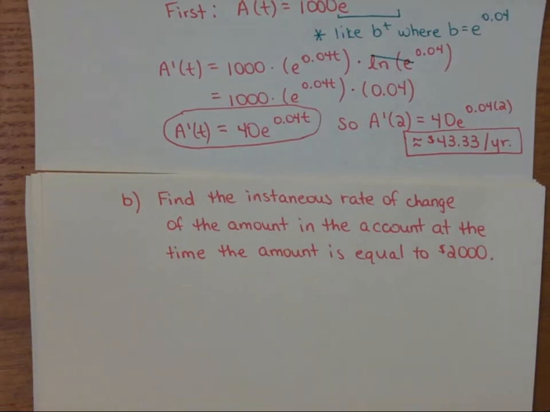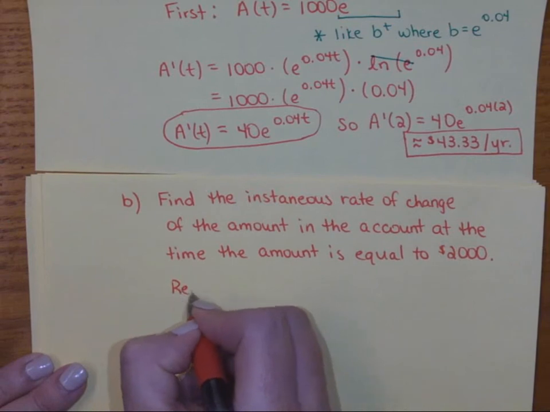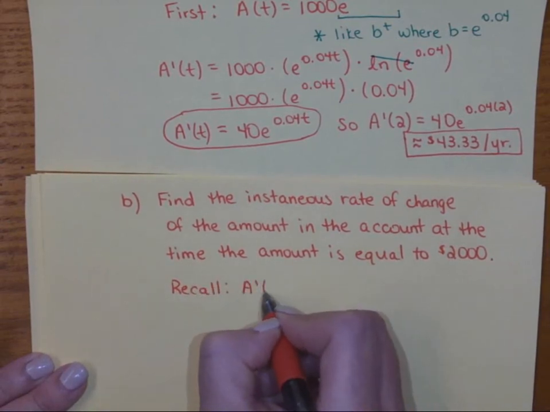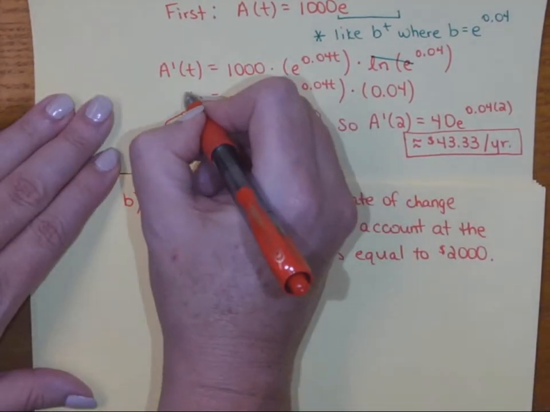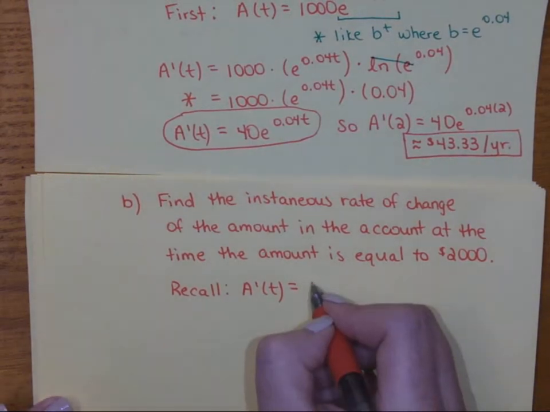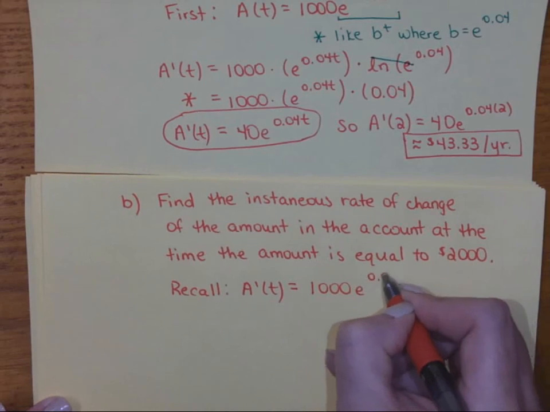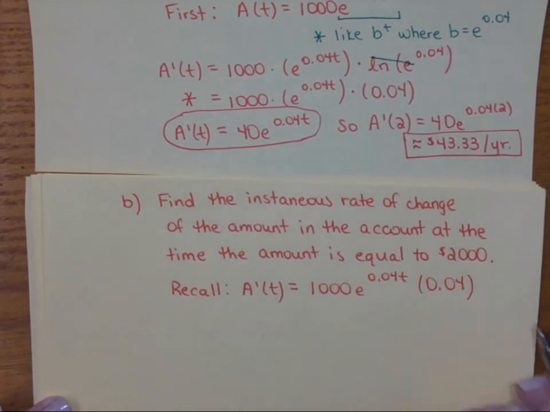All right, so if you can pull in this step right here, okay, so if we can just take from the previous problem so we don't have to reinvent the wheel, we got that the derivative formula was, I'm taking it from this step right here, okay, that I starred up there. The derivative formula was 1,000 e to the 0.04t power and then times 0.04.